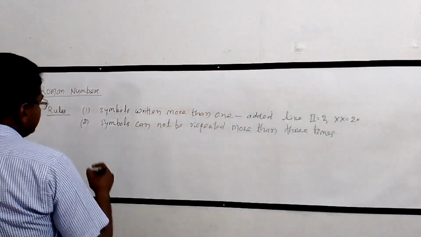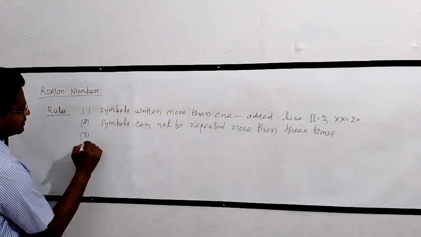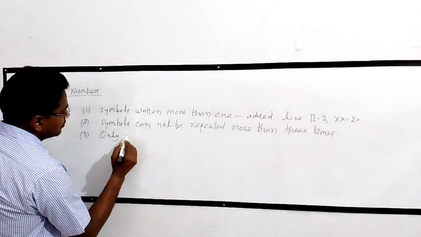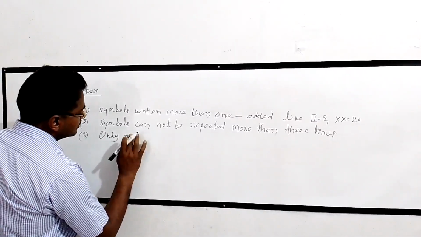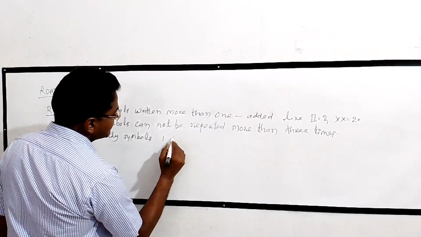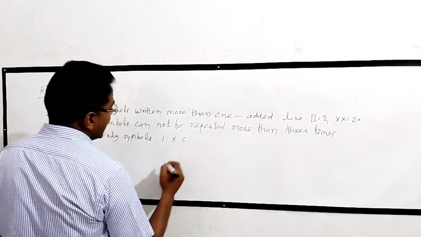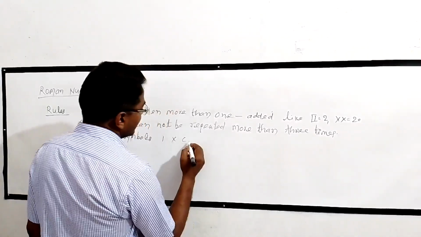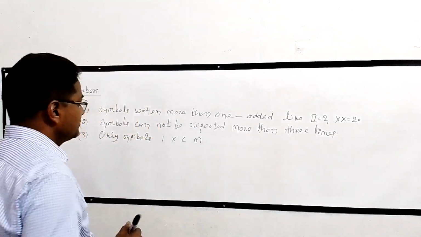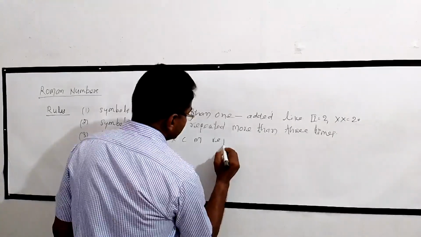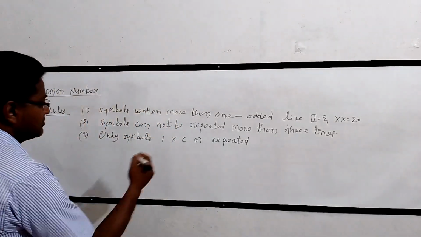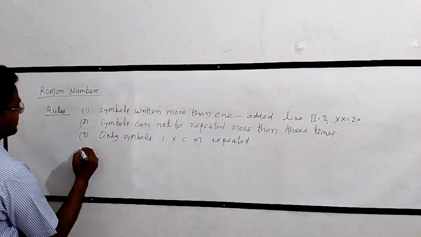Okay, rule number 3. Only symbols I, X, C and M can be repeated.